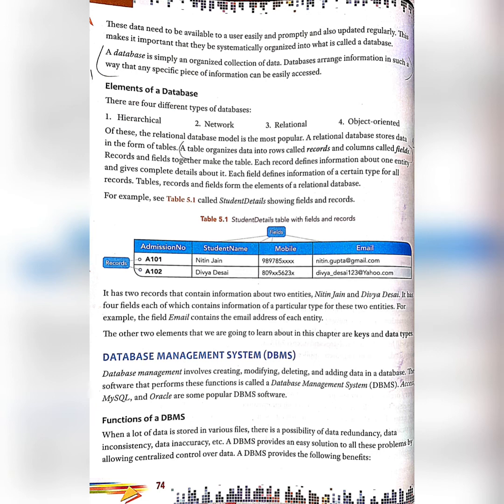We will also study about records and fields. A table organizes data into rows, that is called records, and columns, that is called fields. You can also see some of the functions of DBMS like reduction or elimination of data redundancy.